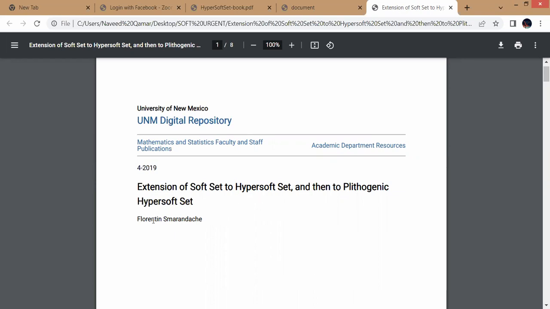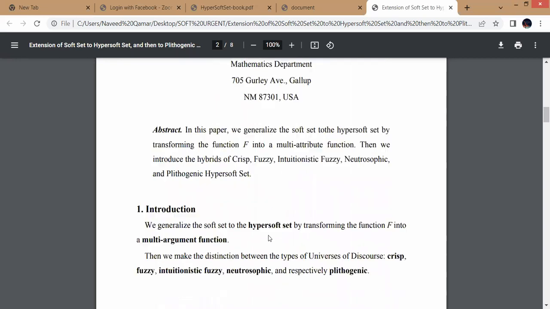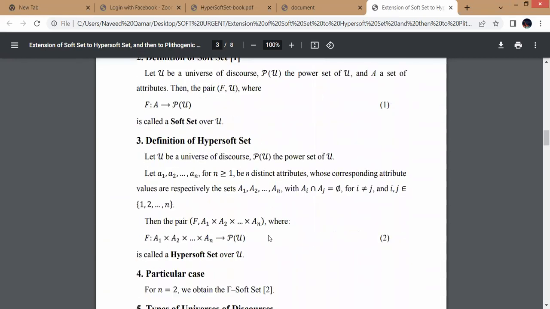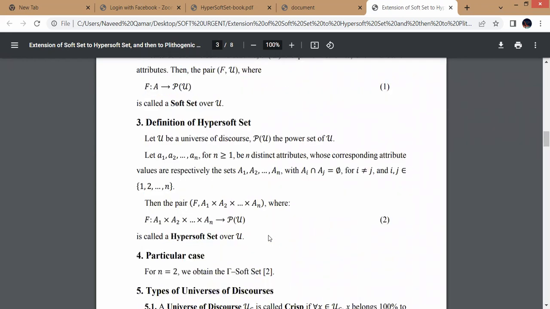This paper was written by Florentin Smarandache, and there is the definition of the hypersoft set. Let U be the universal set, and P(U) the power set of U. Then A1 up to An are attributes, and related to these attributes are the attribute values A1 cross A2 cross A3.